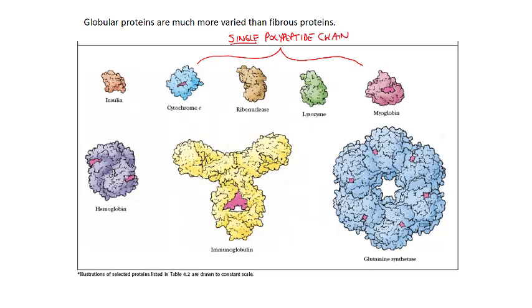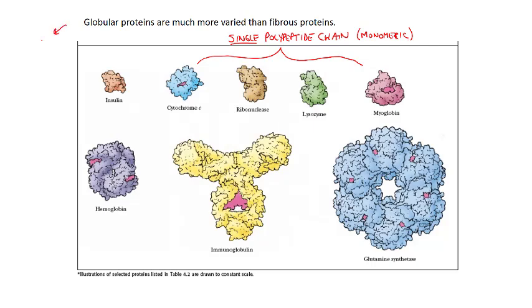And here the terminology gets a little confusing. These proteins are said to be monomeric. Now, I know we said in the first lecture that a monomer is the same thing as a building block. Yes, that's true, but in the protein world, we tend to use the term monomeric protein to refer to proteins that have a single polypeptide chain.